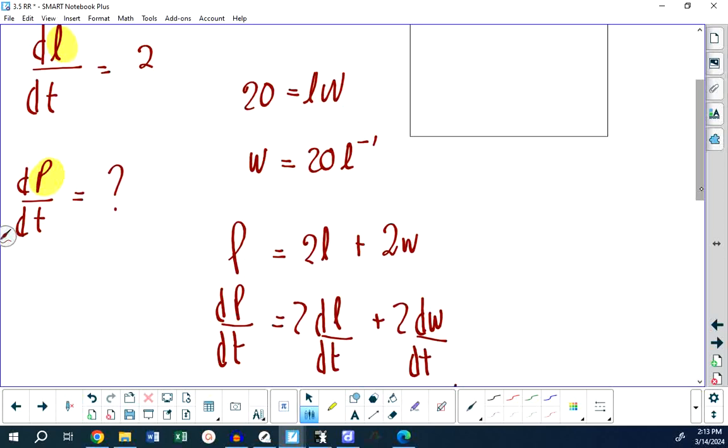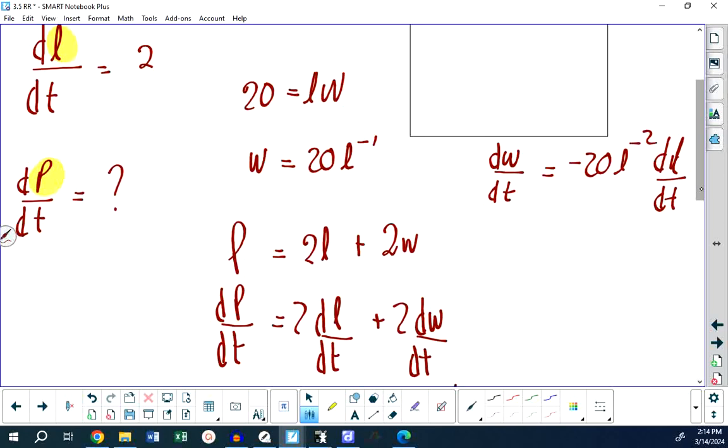How many of you see where this is going? Why don't you just differentiate this equation with respect to time? Put in your L, put in your dL/dt to find your dW/dt, and then put your dW/dt down here.